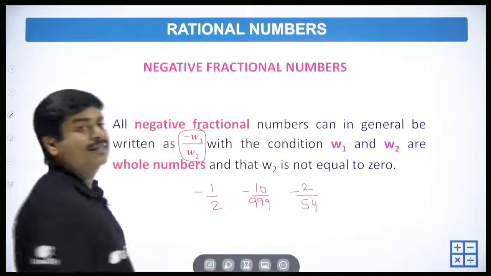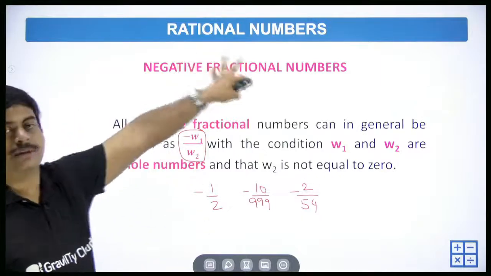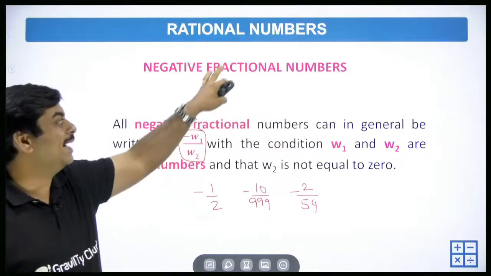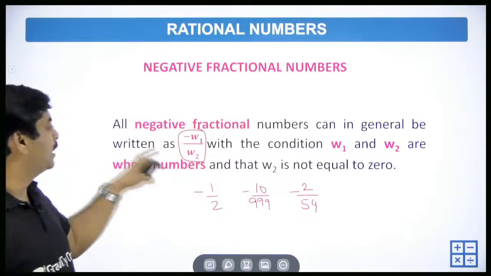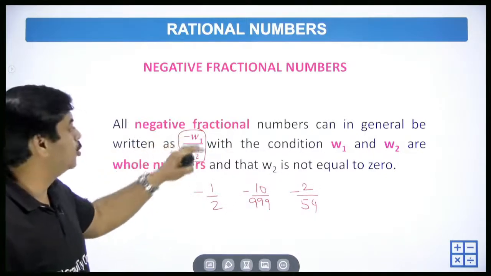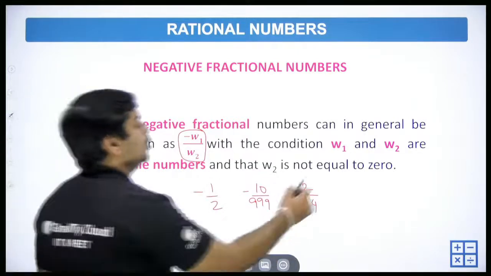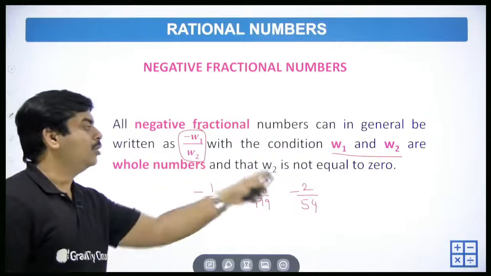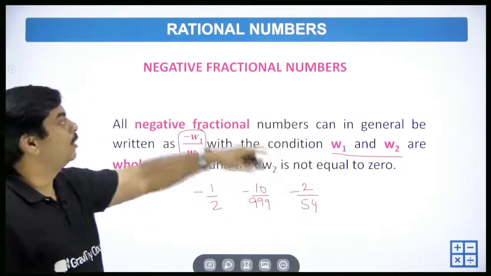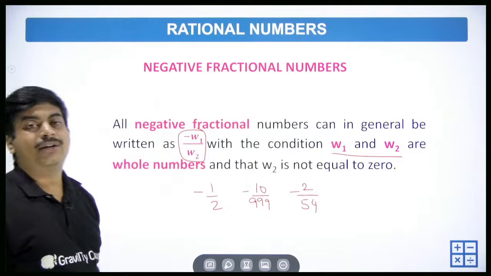All these are negative fractional numbers, right? All negative fractional numbers can in general be written as minus W1 by W2 with the condition that W1 and W2 are whole numbers and W2 is not equal to 0.